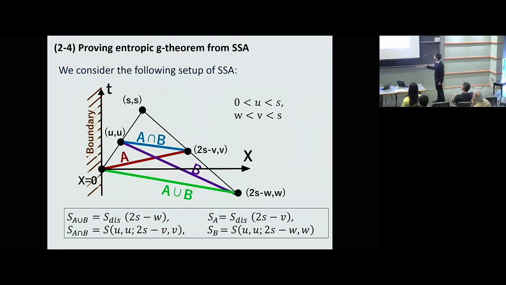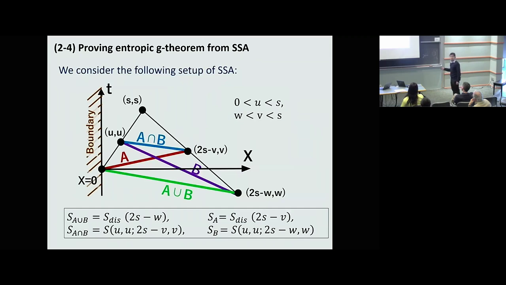But for this entanglement entropy, A and also A union B both end on the boundary. So this is only a function of this x coordinate, S minus W and S minus B. But the other guys, like A cap B and also B, at first sight look non-trivial. They both depend on the two end points. It's a bit complicated.